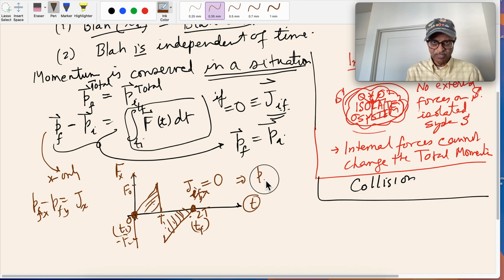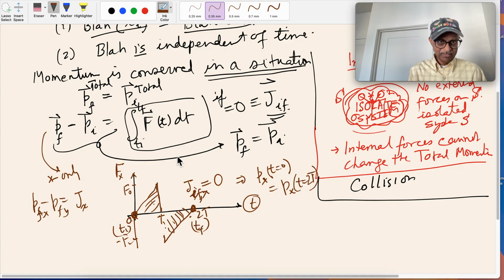That means px at 0 time and px at t equals 2t in this situation are the same. So the momentum did not change, but we don't mean momentum conservation by that.